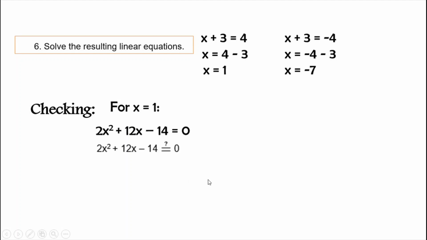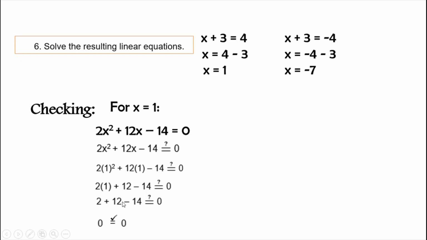Okay, substitute. 2 times 1 squared plus 12 times 1 minus 14. Simplify. 2 times 1 is 2 plus 12 minus 14. 2 plus 12 is equal to 14 and 14 minus 14 is equal to 0. Therefore, x equals 1 is a root of this equation.